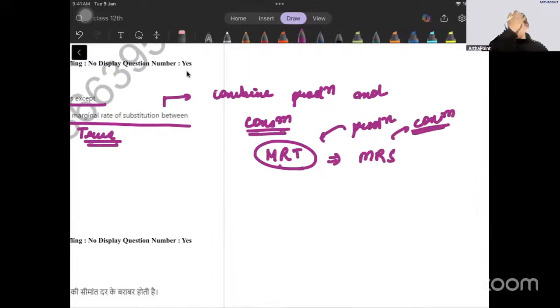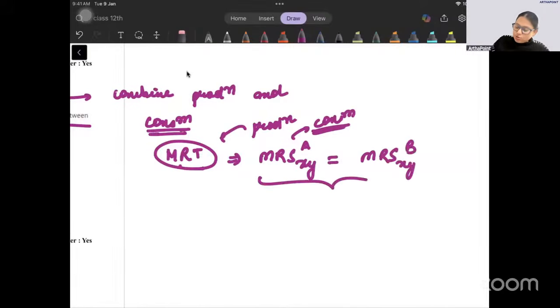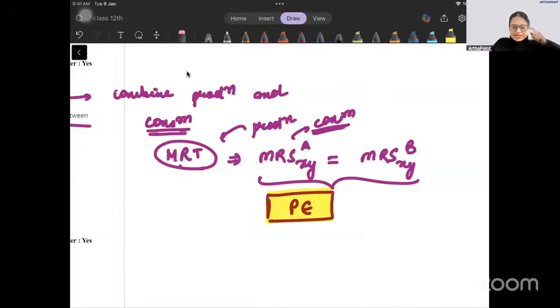And हमें पता है that at Pareto efficiency the MRS of individual A and the MRS of individual B should be equal. यही है मेरा पेरेटो एफिशिएंसी का कंडीशन. These two should be equal to each other, right? So that is the correct one.